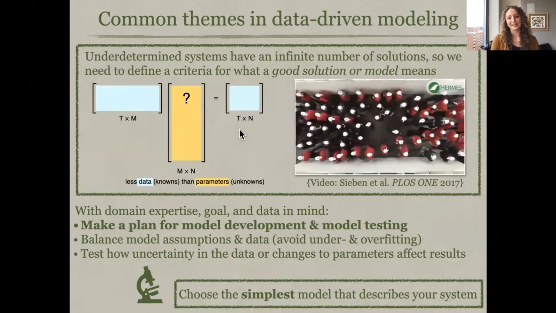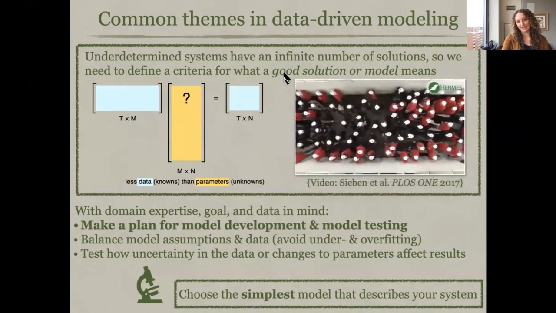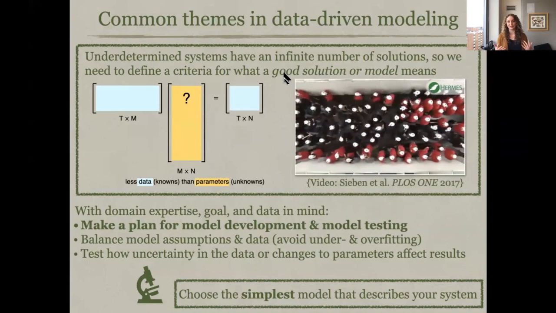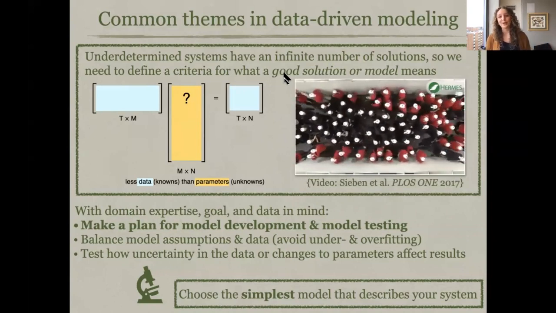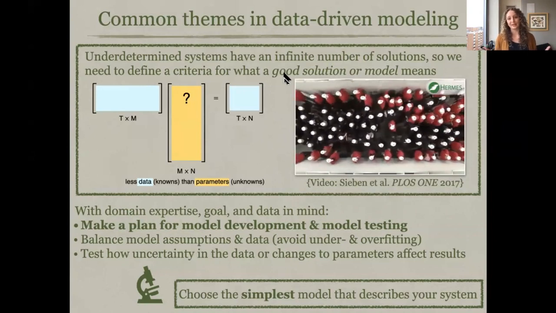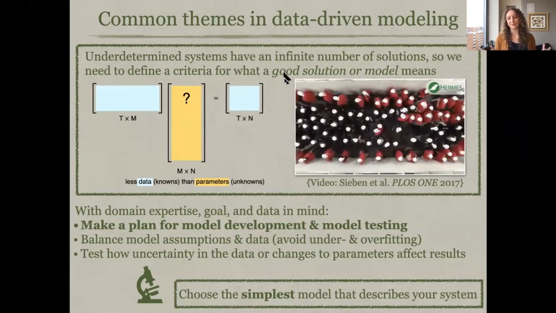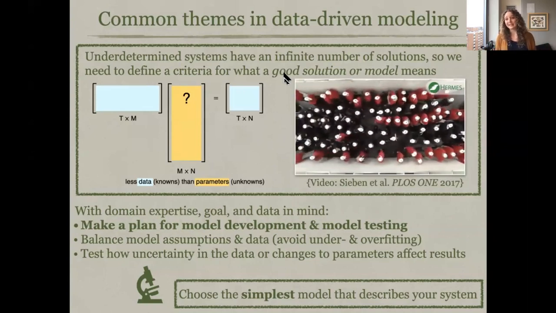In this example, if we wanted to understand how those people are moving in that corridor, and we asked the 289 people in this room, we could come up with 289 models that would describe the behavior of these people in this corridor. So again, what does a good model mean in this setting?